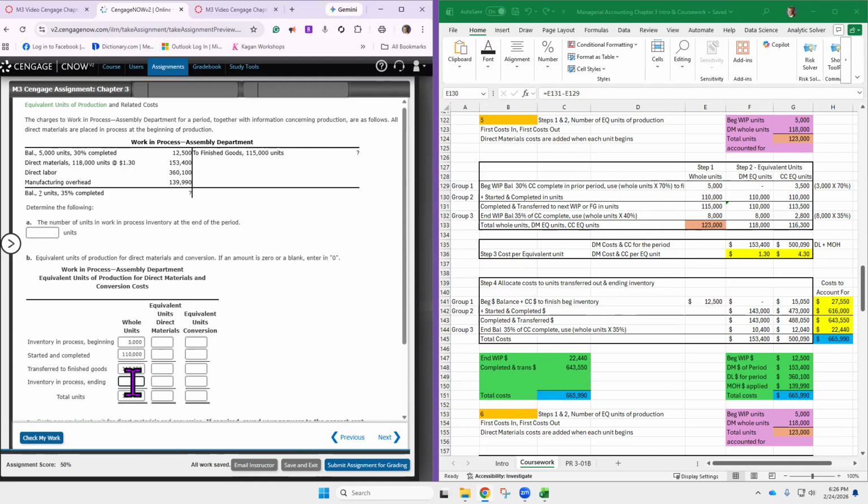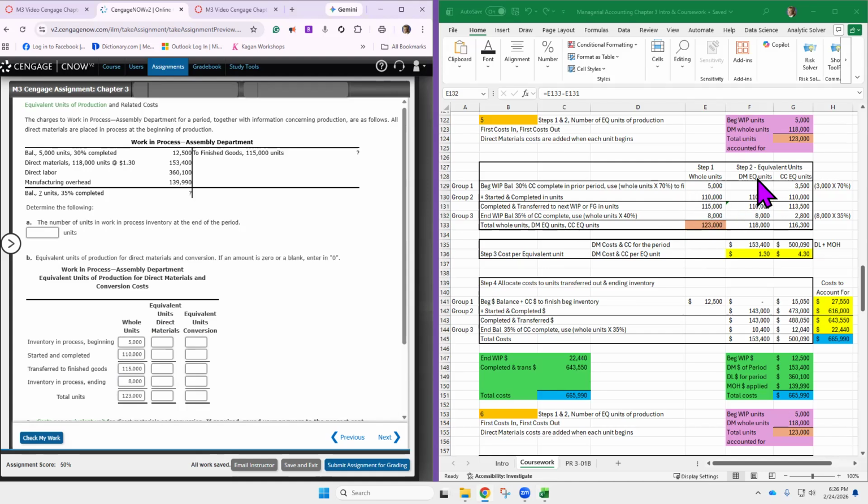So what number has to be added to 115,000 for the total units to be 123,000? It takes 8,000. 115,000 plus 8,000 is 123,000. So we're going to put 8 here. Okay, so that's the whole units. That should match up with this one.